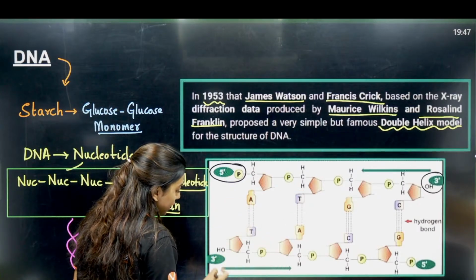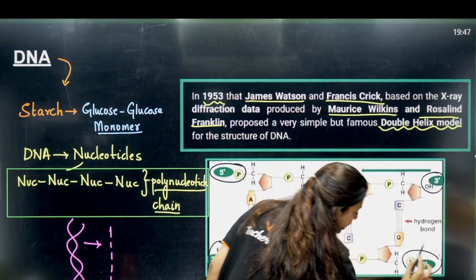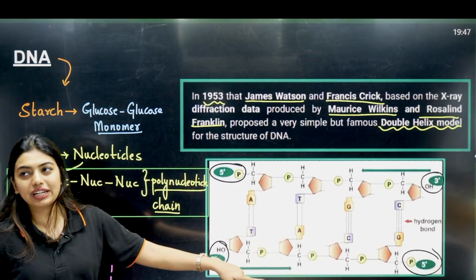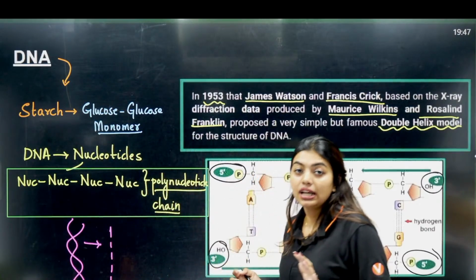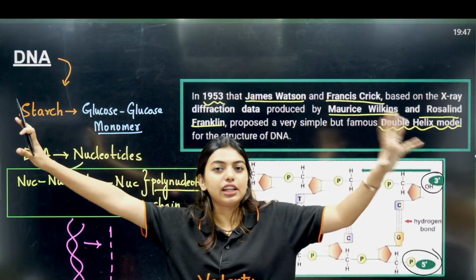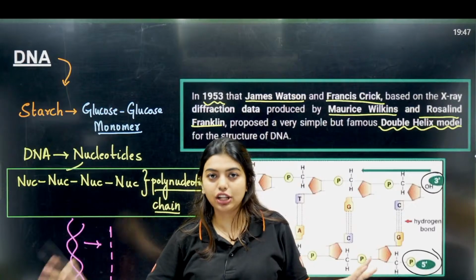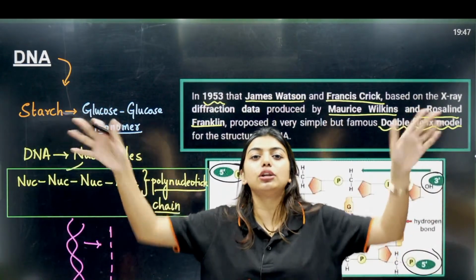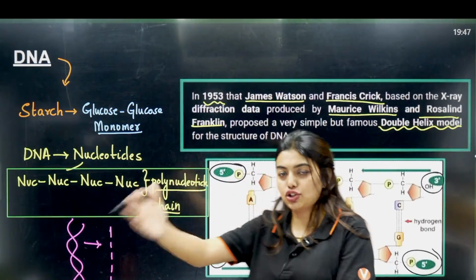Now, this way you see, here again 3 OH is free, there 5 phosphate is free. This will be called 3 dash to 5 dash. So, this is how the polarity of the strands is found. That means on one side 5 phosphate will be free, on one side 3 OH will be free. On this side 5 phosphate will be free, on this side 3 OH will be free. So, this will lead to the binding of the next one, no? So, it will be called 5 dash to 3 dash, and 3 dash to 5 dash.